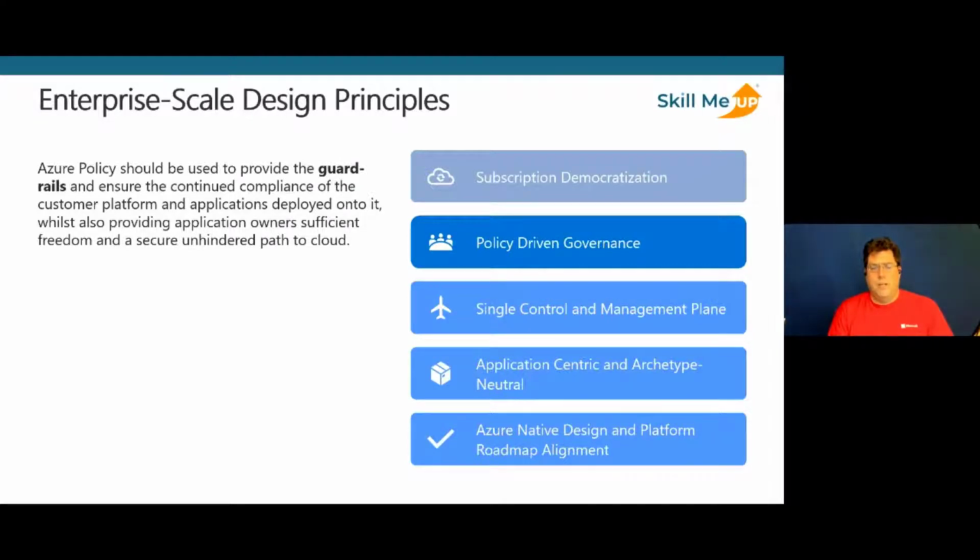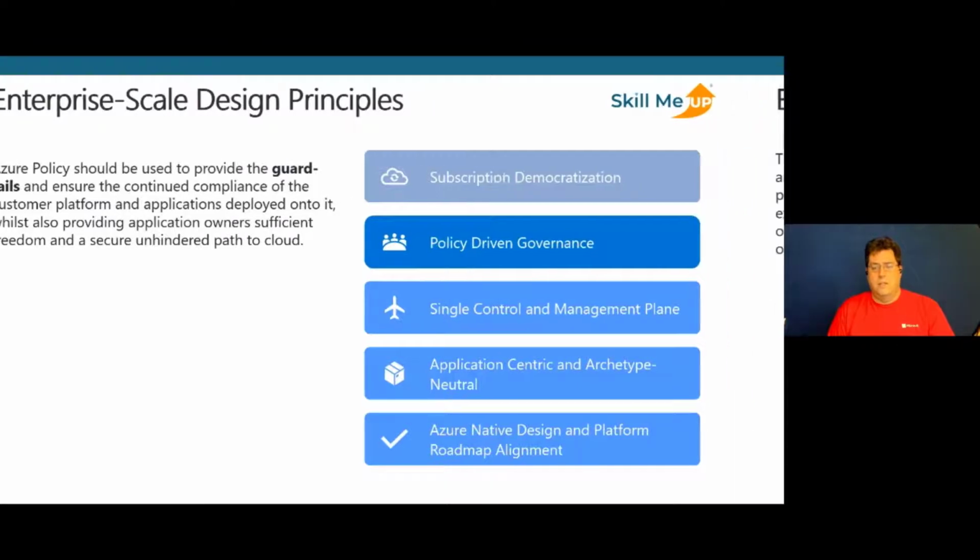And as you deploy additional platforms and applications within the environment, those Azure policies can provide the security that can create that freedom and unhindered path to the cloud, but also maintain the security and compliance that your organization and your enterprise needs.